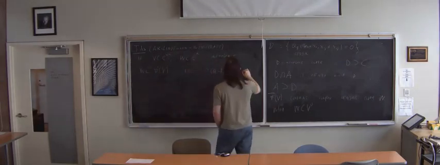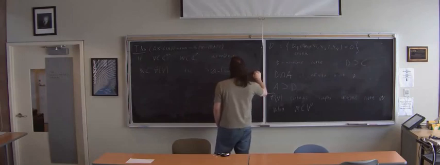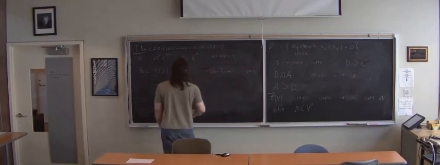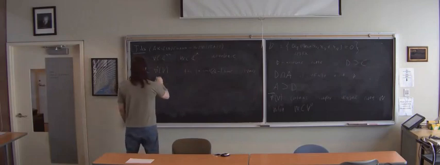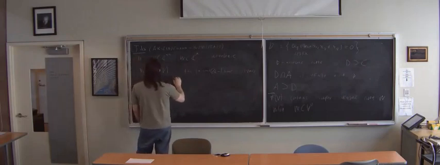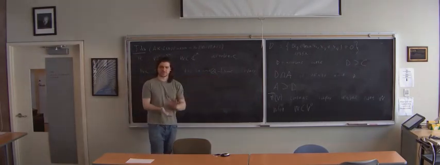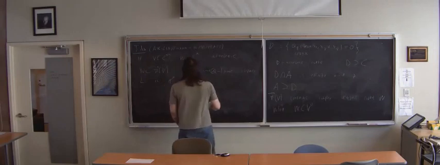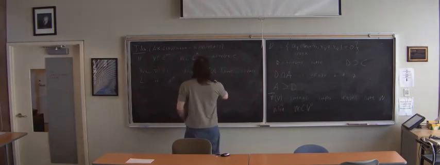A coset of a Q-linear subspace L in C to the n. So a linear subspace with rational slopes, but possibly a translation of it, such that L lies between W and V. It allows for addition between them.